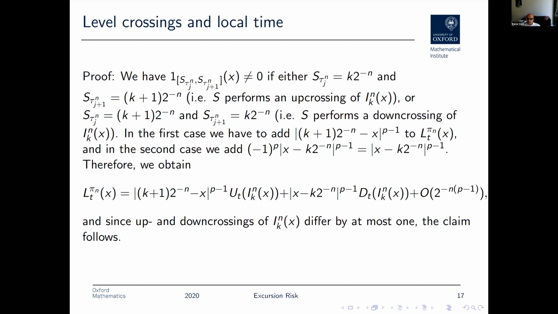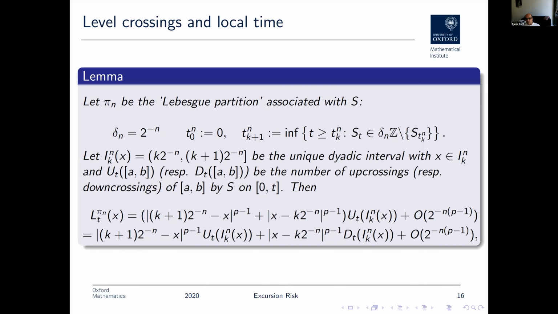You cannot have 3 down crossings and 1 up crossing, because otherwise it means you're still in the interval and you stay there. So this leads to the formula here. We will mostly use the first one, or we will use it with down crossing. So if I know something about the local time of order p, I also know the down crossings or up crossings up to this formula here.